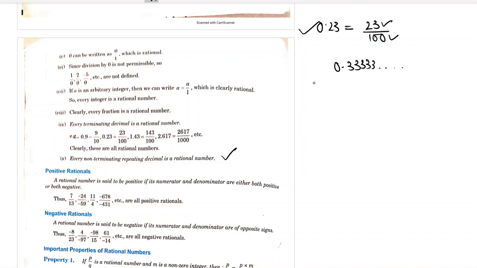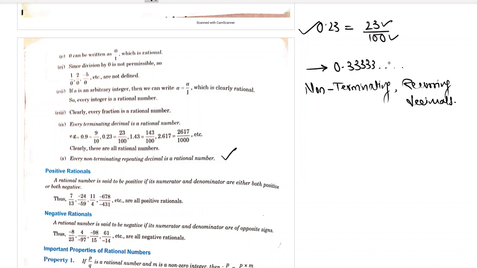These numbers are known as non-terminating recurring decimals. So these non-terminating recurring decimals are a form of rational number.